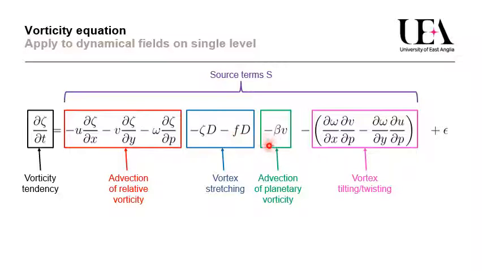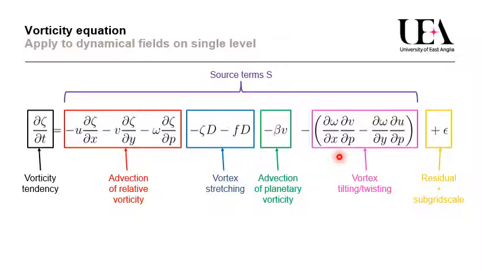Then we have the minus beta v term, the advection of planetary vorticity term. That's the Rossby wave mechanism. And then finally, we have these so-called tilting and twisting terms, where you can take a vortex that's in the horizontal, and the wind can tilt it or twist it into the vertical.